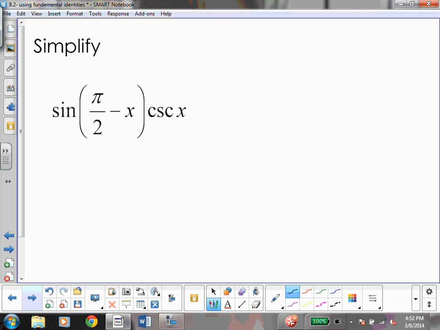You can also apply the cofunction identities in a simplifying situation. The sine of pi over 2 minus x times the cosecant of x. Well, I know that cosecant is 1 over sine of x. Whenever I'm dealing with identities, I want the variable, or the angle, to always be the same. So pi over 2 minus x is not the same as x.